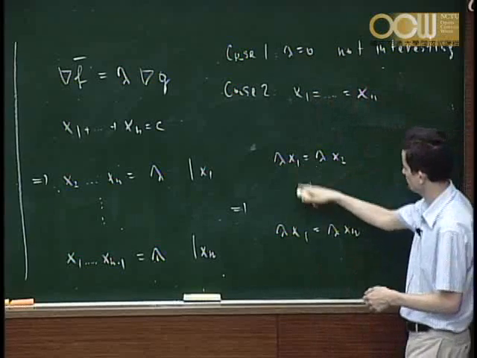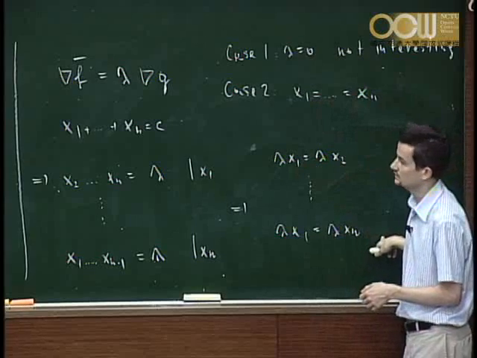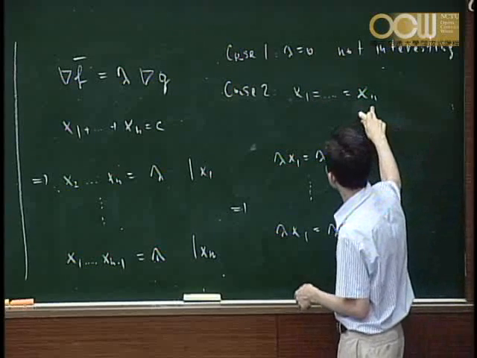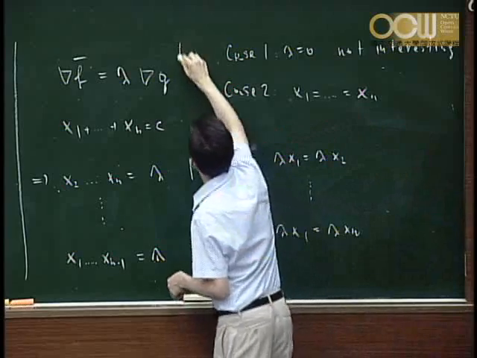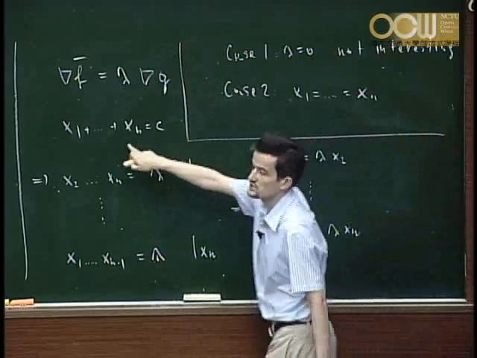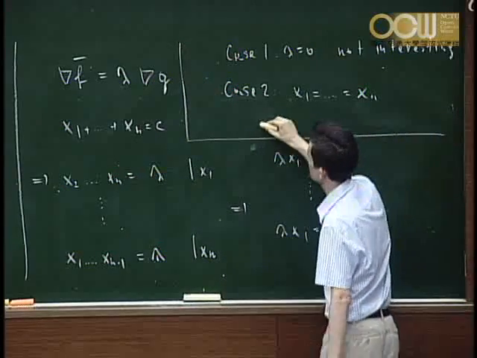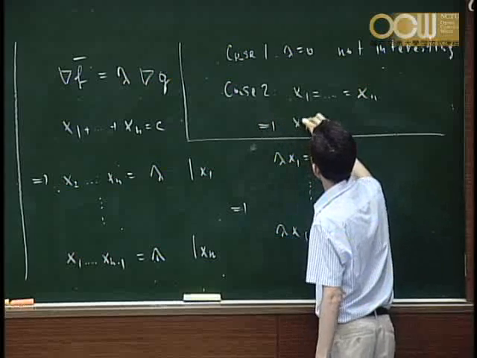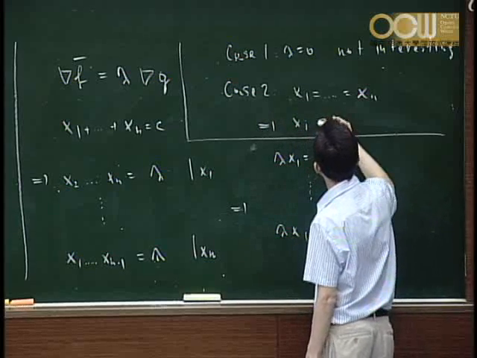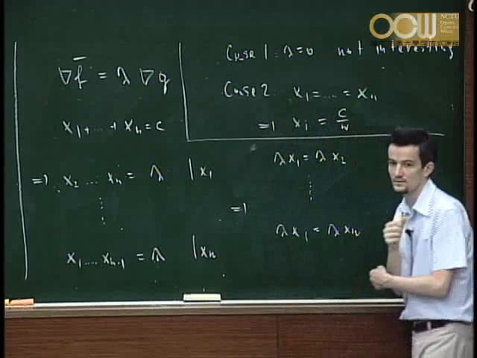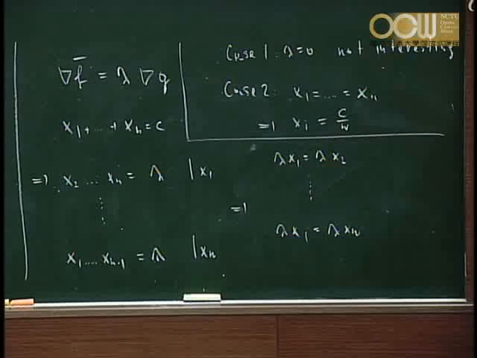If lambda is not equal to 0, all of them must be equal. And if you plug this into the one more equation we have, the constraint, then you get that xi is equal to c over n. And this is the maximum.